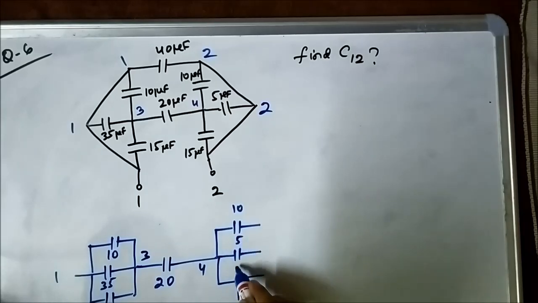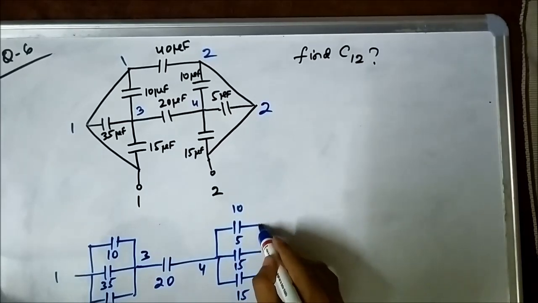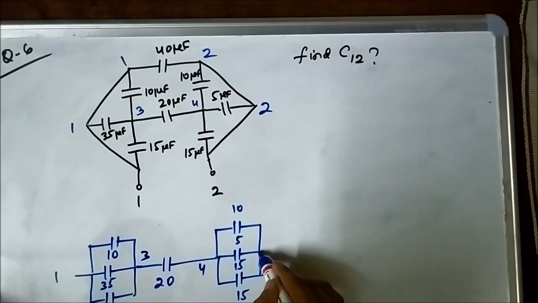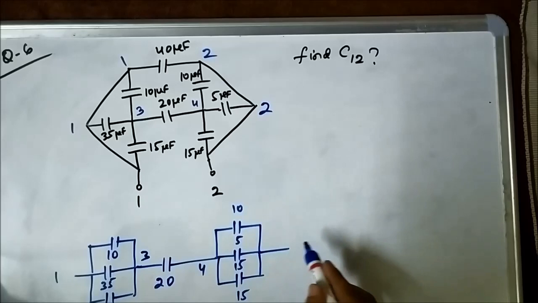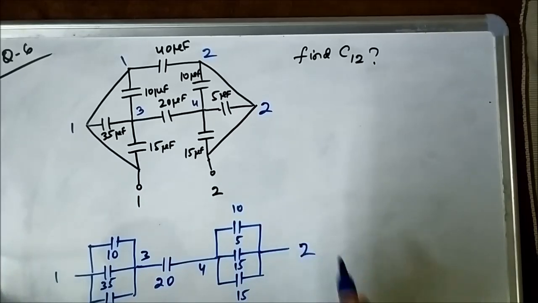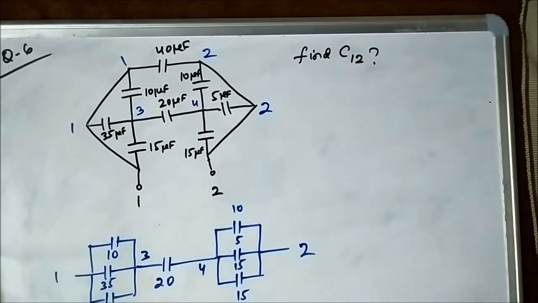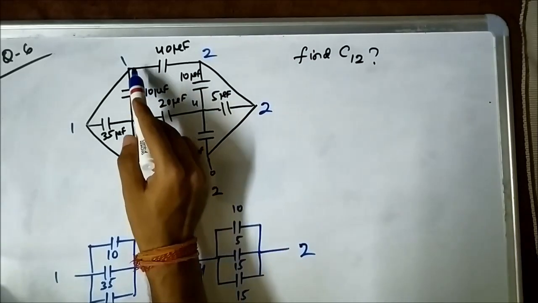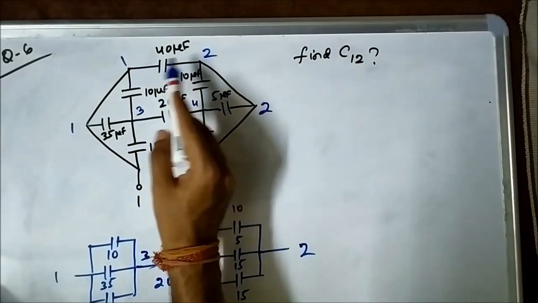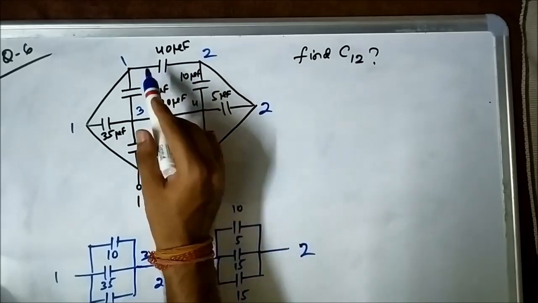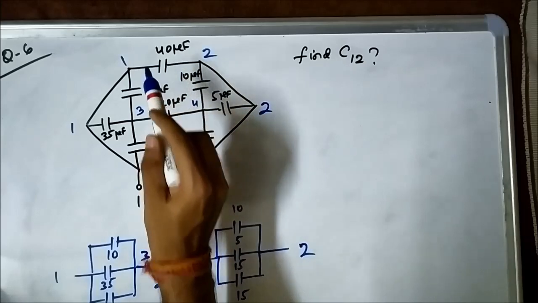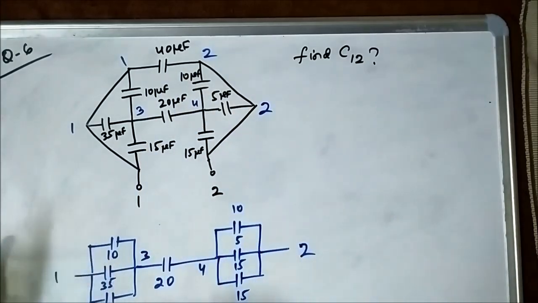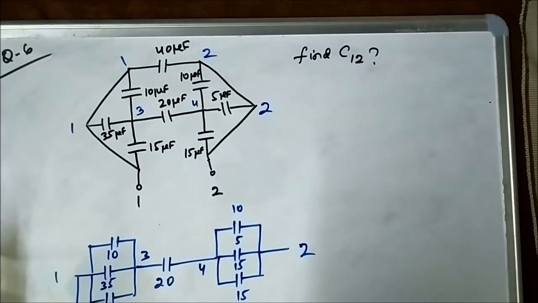Now, in between points 1 and 2, there is a 40 microfarad capacitor. So, in between these 2 points, there is a 40 microfarad capacitor.